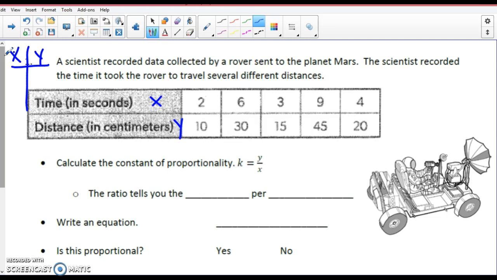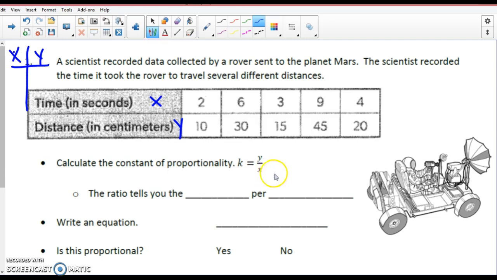So, calculate the constant of proportionality. Now, there are two things to know about this. The constant of proportionality, unit rate, rate of change, is K equals Y over X. We can calculate that for any ordered pair, but to check and see if a set of data is proportional, every ordered pair has to have the same unit rate.